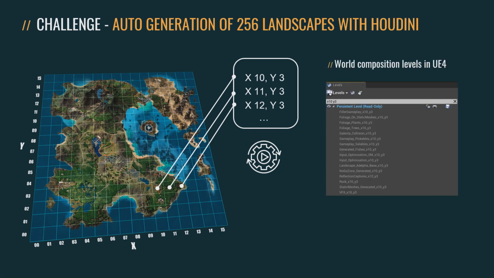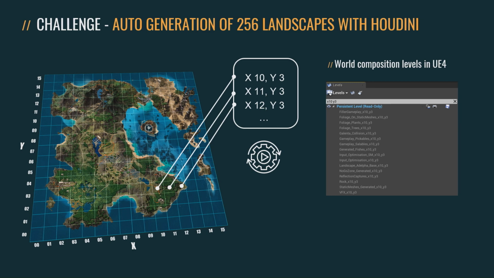World composition is what drives level loading inside Unreal. When you create a map from World Machine and then put that inside world composition, you receive different types of levels, and all those levels store each landscape. Basically, when you start working with that, you receive coordinates, so X and Y coordinates.